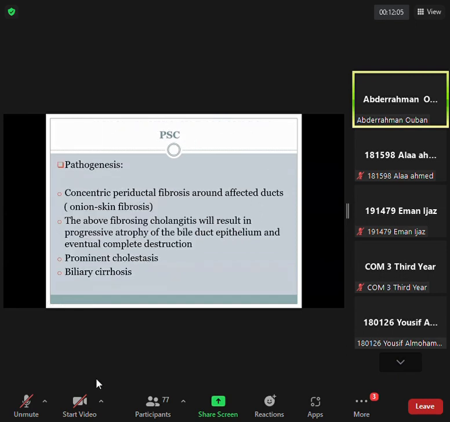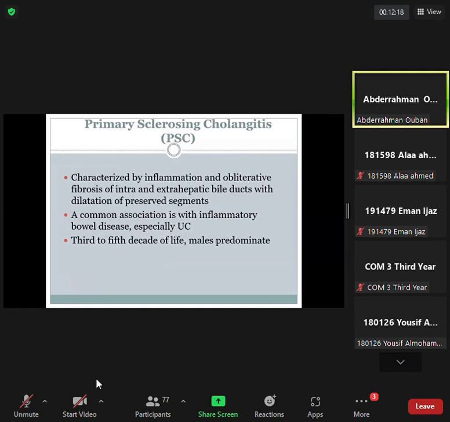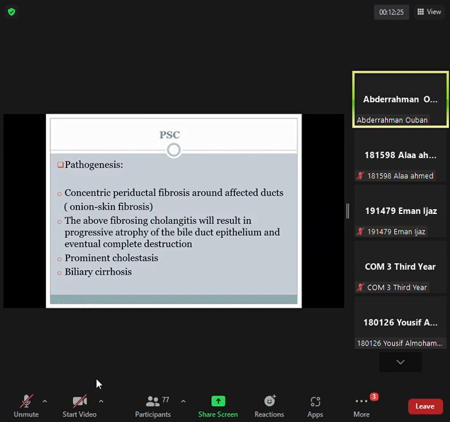Now, the characteristic lesion is a very peculiar lesion. It's called onion skin fibrosis. So what happens is that the biliary tree, the intra and extra hepatic bile ducts, will be surrounded by a closing fibrosis. By closing, I mean constricting fibrosis.